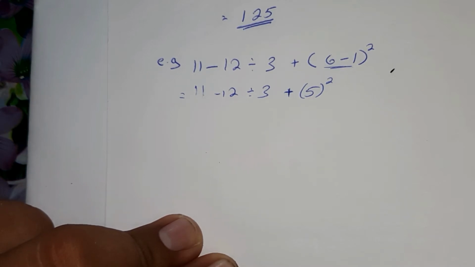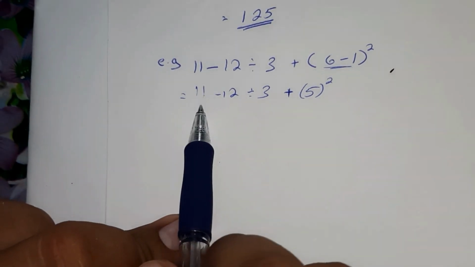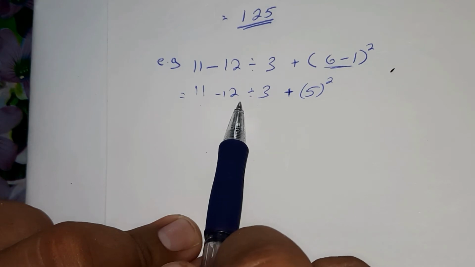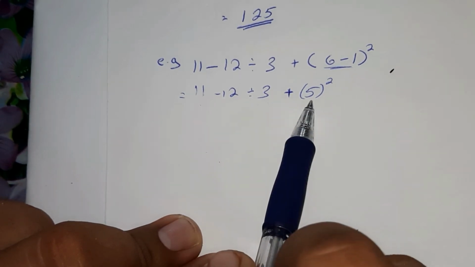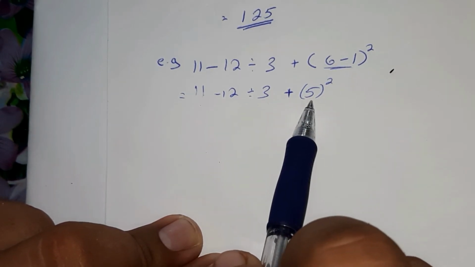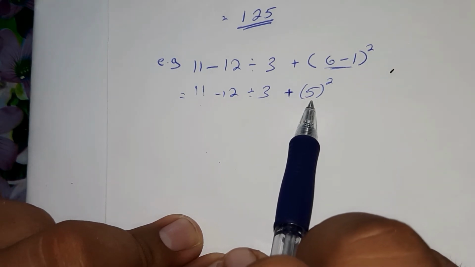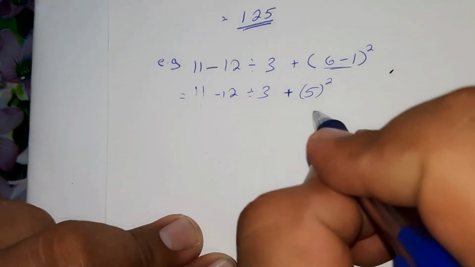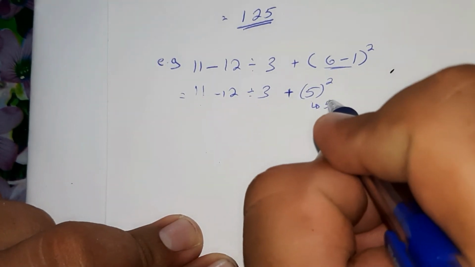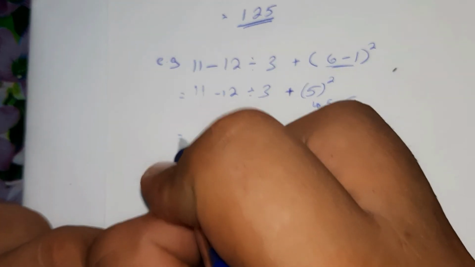So we want to go into the next step, which is solving exponents or powers. Where do we see powers? 11 no power, 12 no power, 3 no power. Where we have power is here with the 5. So this is what we need to solve. What is 5 raised to the power of 2? That is going to be 5 times 5, right?